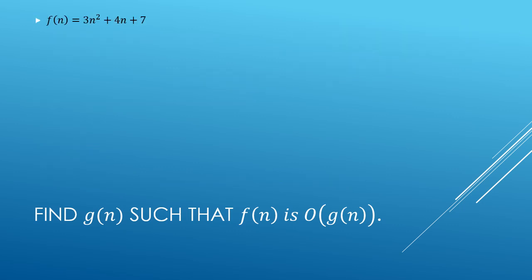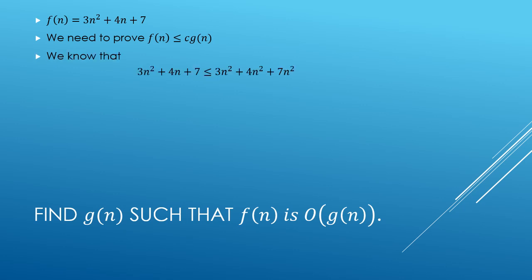Consider Fn is 3n square plus 4n plus 7, and we need to find the O notation of Fn. We know that 3n square plus 4n plus 7 is less than or equal to 3n square plus 4n square plus 7n square.